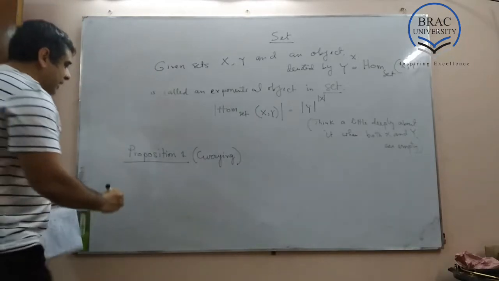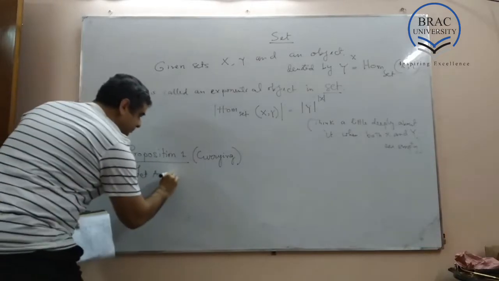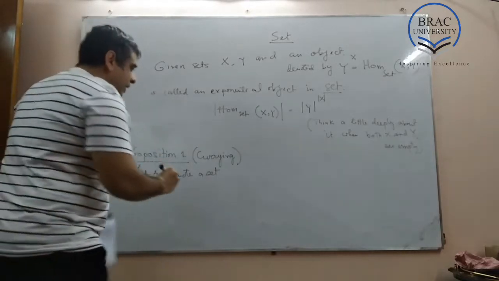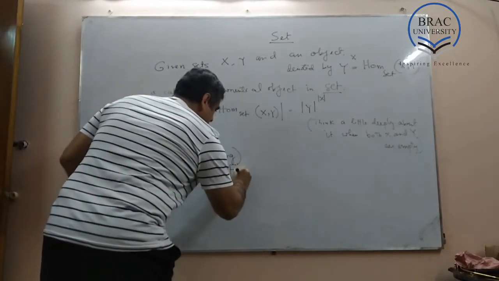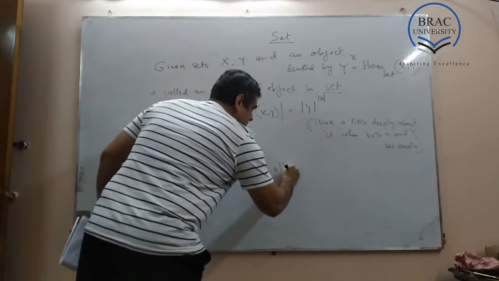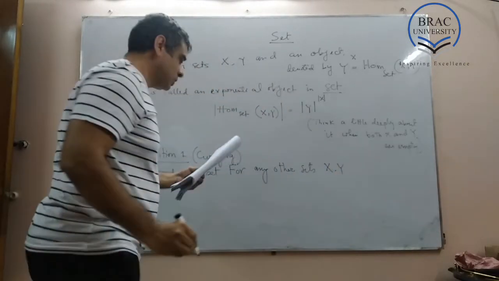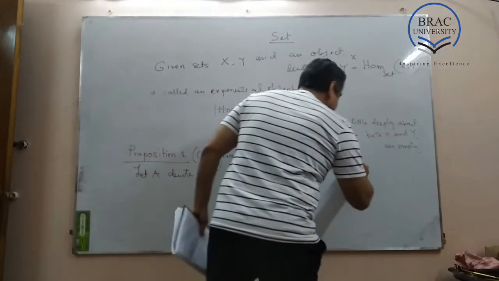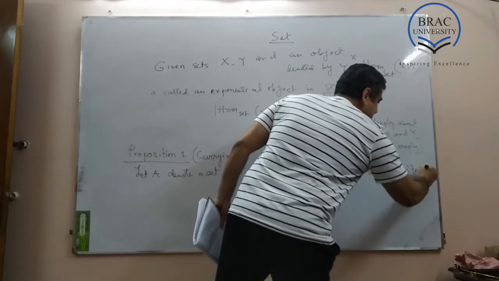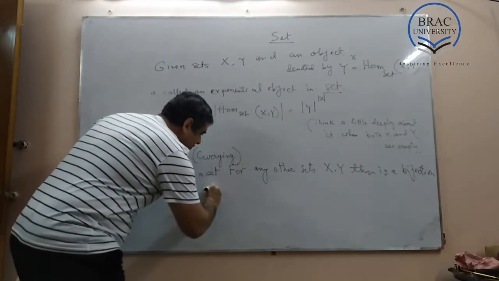Okay, it states that we have to start with a set A. For any other sets X, Y, there is a bijection between two sets.